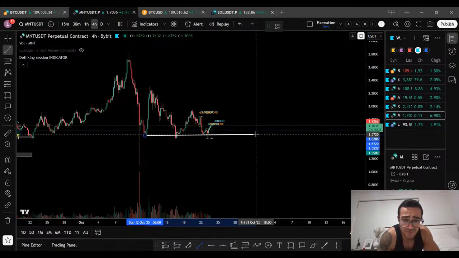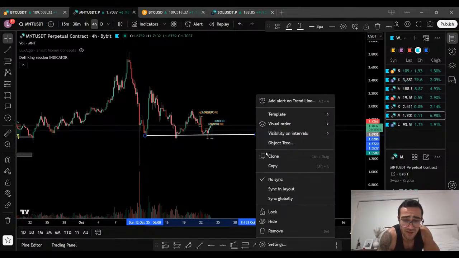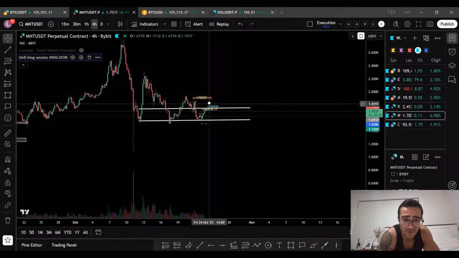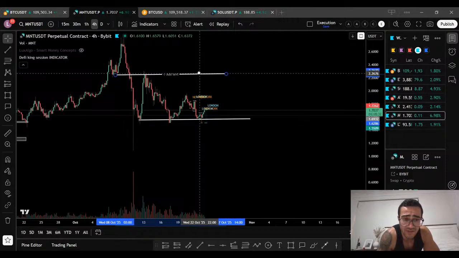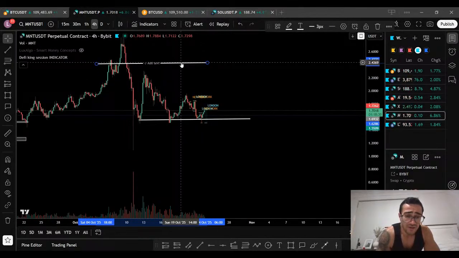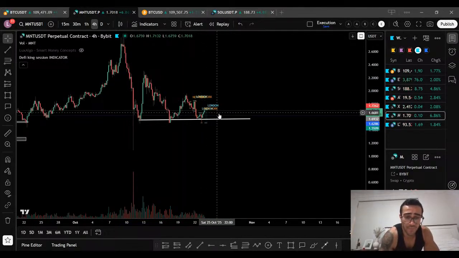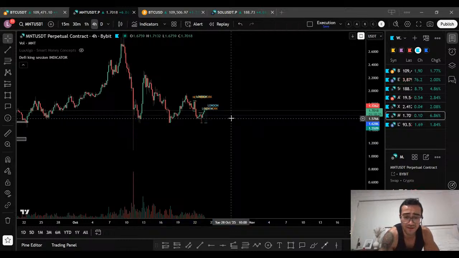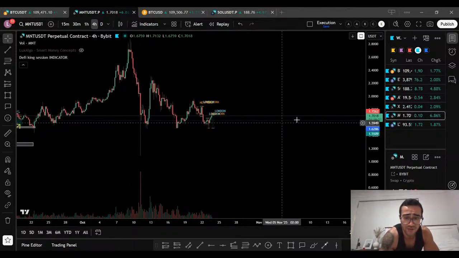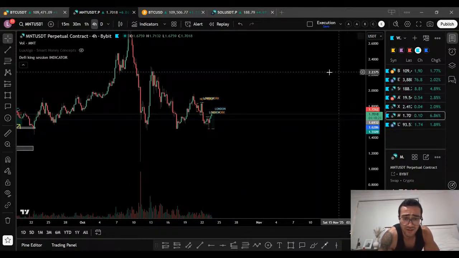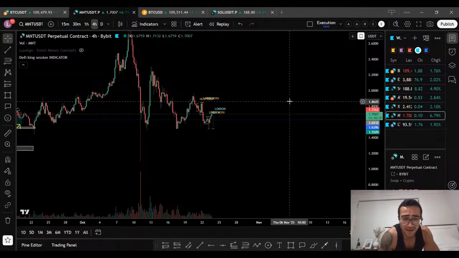That kind of gives me a good idea on where the money's been rotated. So I'm going to leave that too. I'm not going to draw anything on this market. I'm going to let it play out.